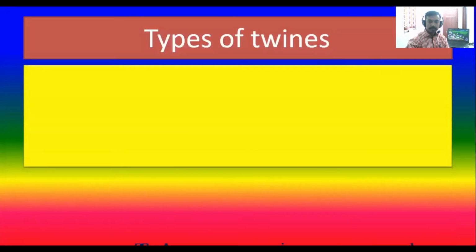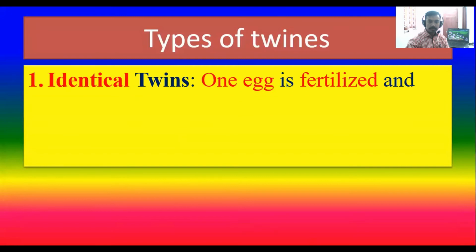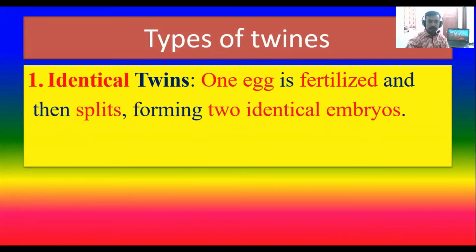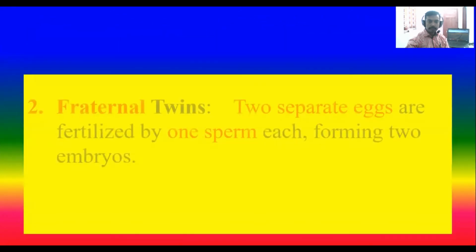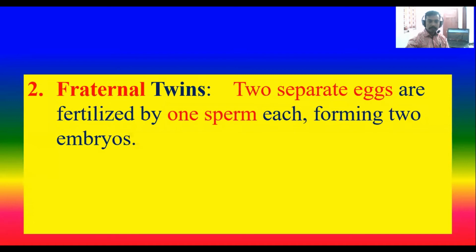Types of twins. Identical twins: one egg is fertilized, then splits into two identical embryos, only one egg and sperm. Second, fraternal twins: two separate eggs, each with one sperm, forming two embryos.